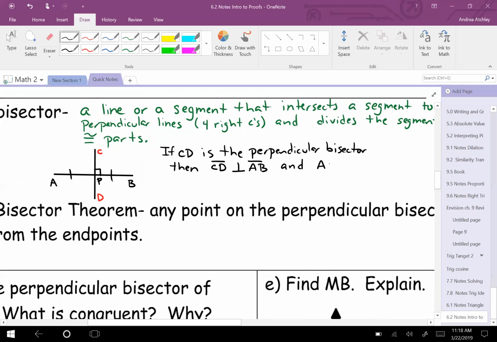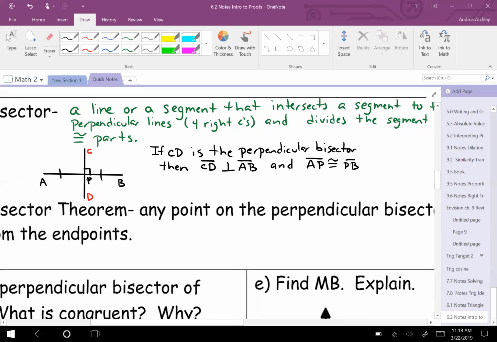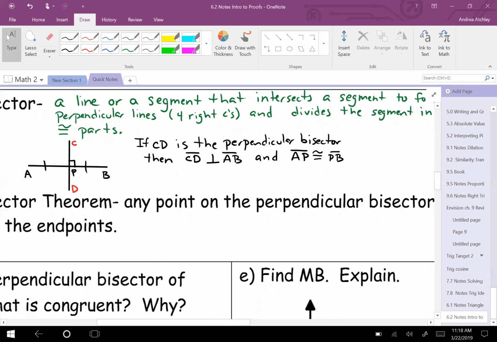And AP is congruent to segment PB. Any questions over that?